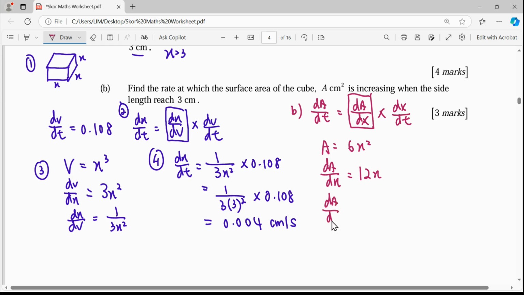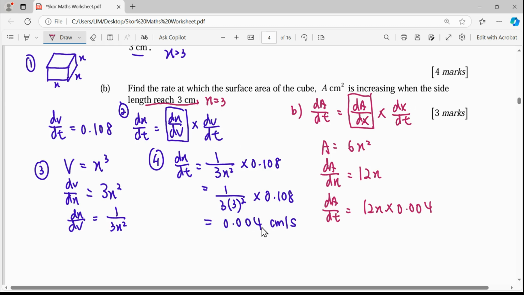Then we can substitute into dA/dt. dA/dx is 12x. dx/dt is equal to 0.004. We can take this value because it is in the same case when x is equal to 3. This is the rate of change at the moment x equals 3.